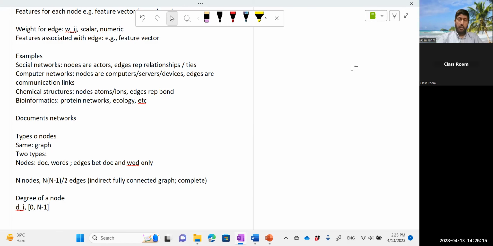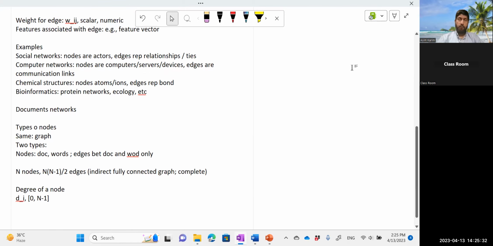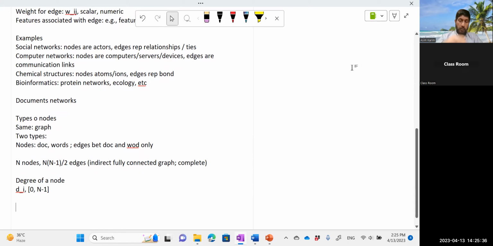If it doesn't have any edge with any other node in the graph, it's not connected to the rest of the graph. So usually in practice, we will consider that to be separate from the rest of the graph. But from a purely theoretical perspective, it's not connected to the graph. So that is degree.